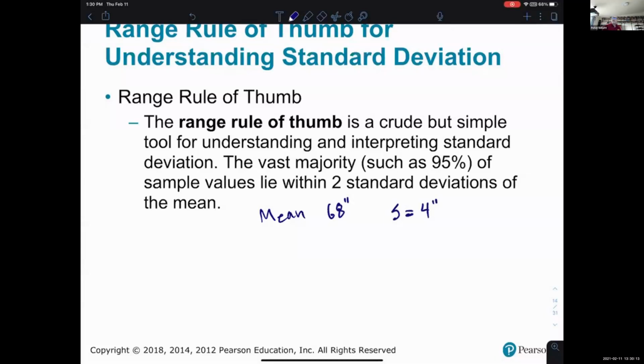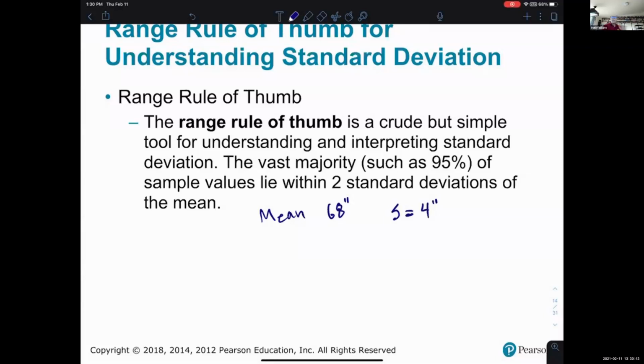So what does that 4 inches mean? What is that standard deviation is 4 inches with my sample student heights at DVC? What the heck does that mean? The rule of thumb would be that of my 100 people in my sample, the vast majority, like 95 out of 100 of the values in my sample lie within 2 standard deviations of the mean.